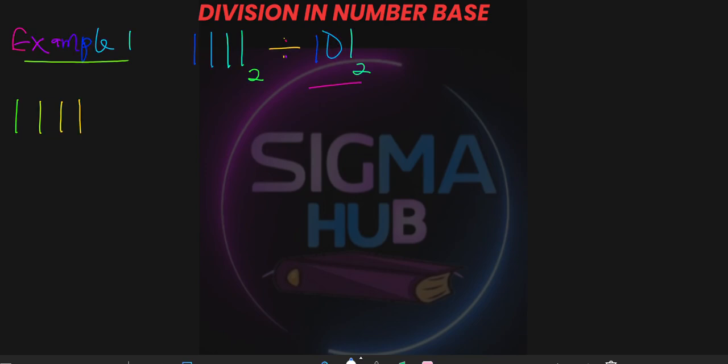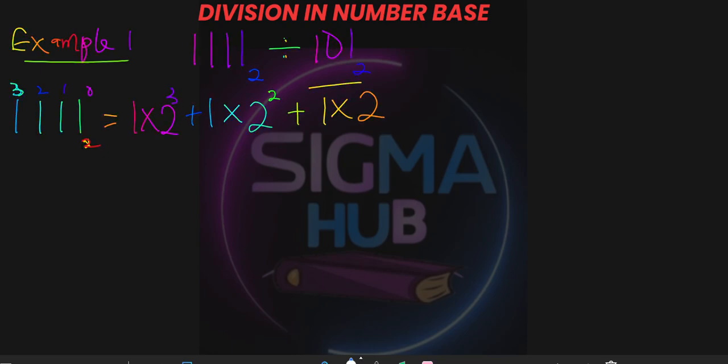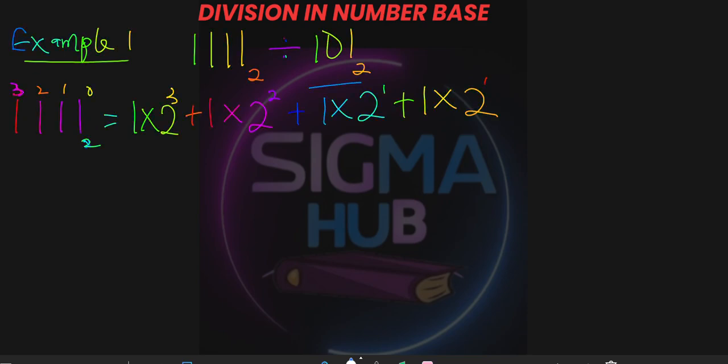Assigning the powers 0, 1, 2, and 3, which is going to be 1 multiplied by 2 raised to power 3 plus 1 multiplied by 2 raised to power 2 plus 1 multiplied by 2 raised to power of 1 plus 1 multiplied by 2 raised to power of 0. So 2 raised to power of 3 is 8.